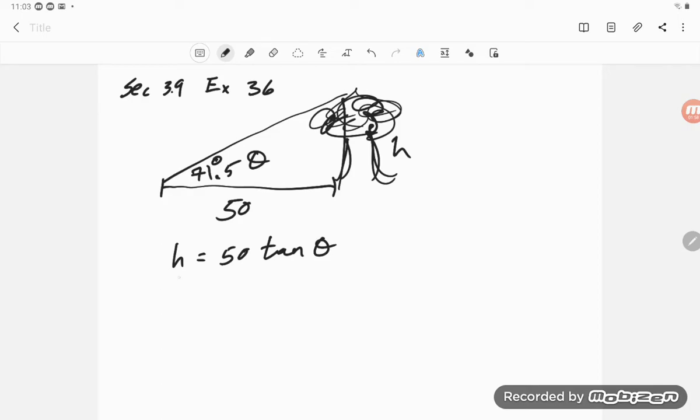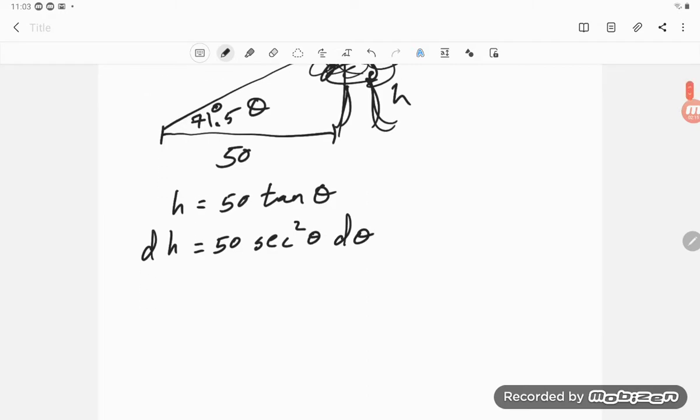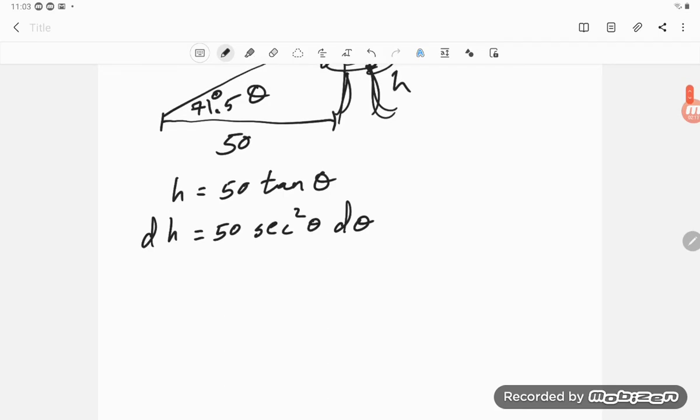And so that means if I do the differential, dH is equal to 50, and derivative of the tangent theta is secant squared theta times our d theta. And so now this is kind of nice.